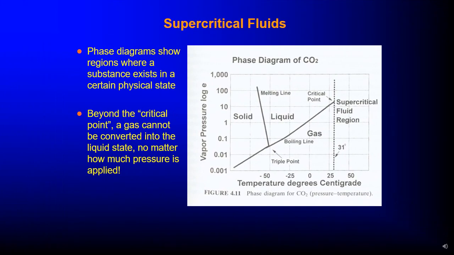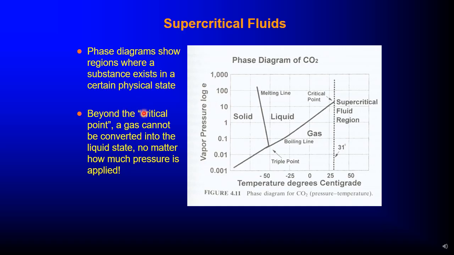Then supercritical fluid. A phase diagram shows the region where a substance exists in a certain physical state. If we really remember this diagram, we call it the phase diagram for carbon dioxide.